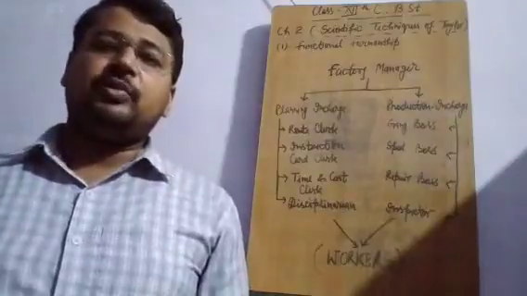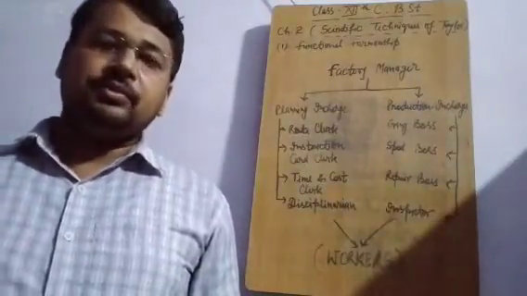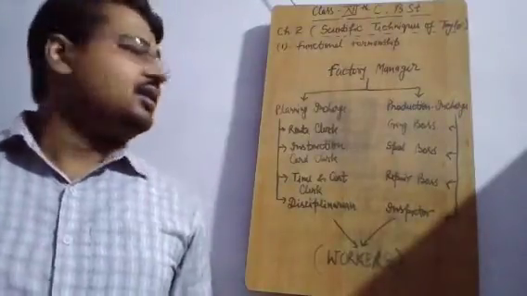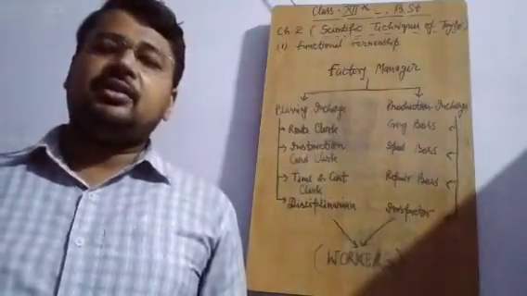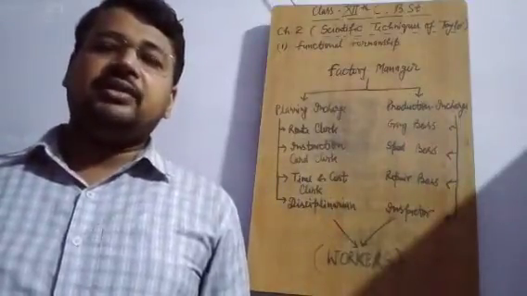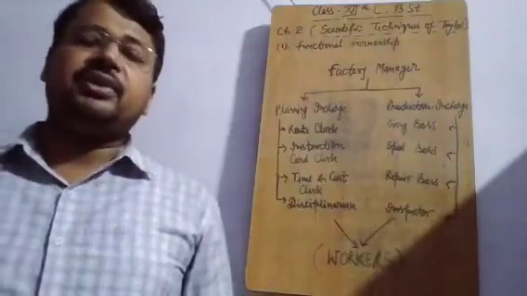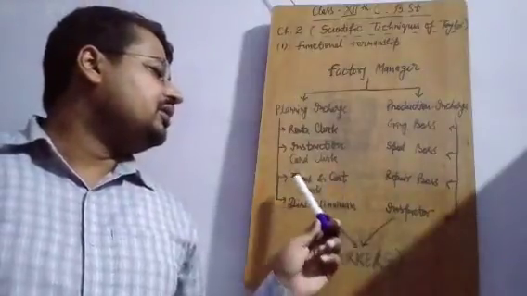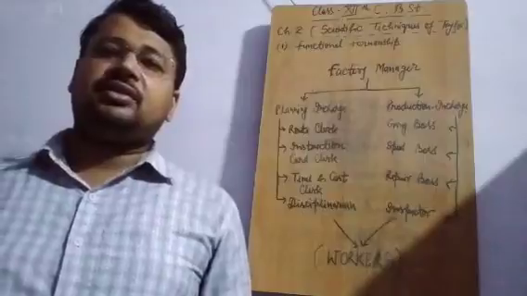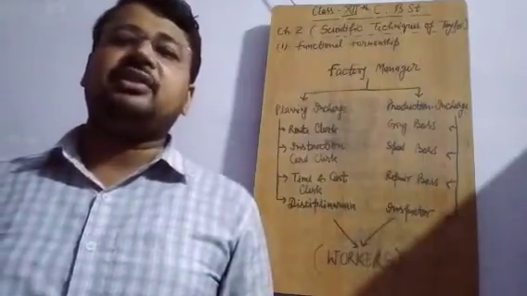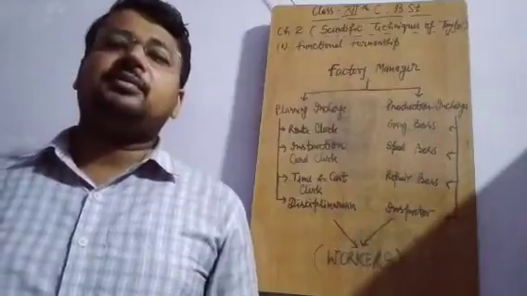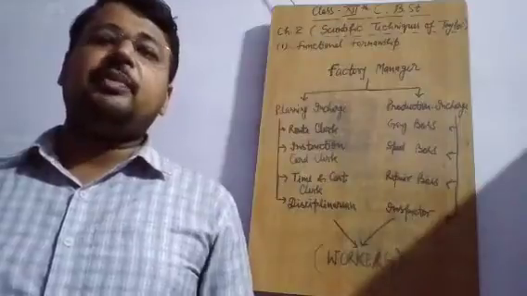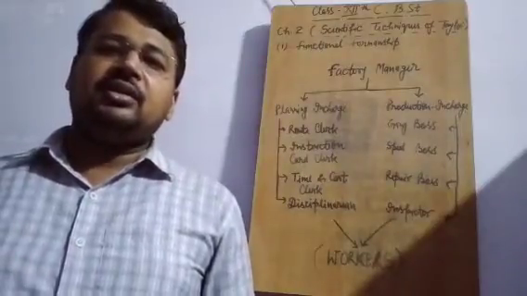What type of product is to be made, what type of resources are needed, from where these resources are to be collected, are to be purchased, what type of machinery is required, what type of workforce, skilled, semi-skilled or unskilled, requirement of each and every type of resource is ensured. Timely and cost effective strategy is to be implemented because for profit making, the cost is to be minimized and profit is to be maximized, ensuring a standard product.